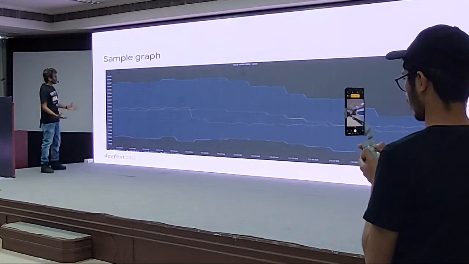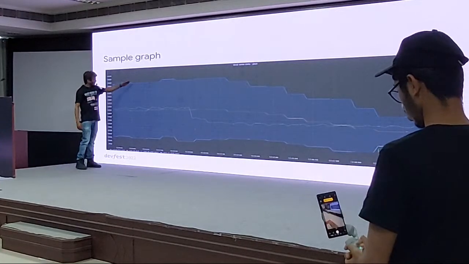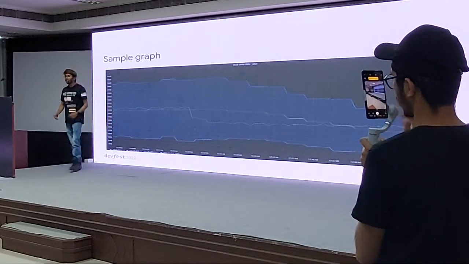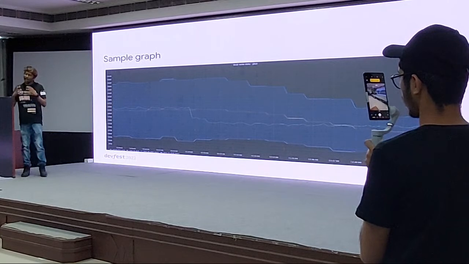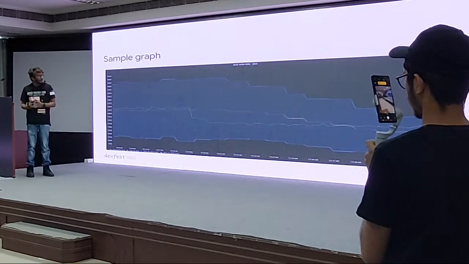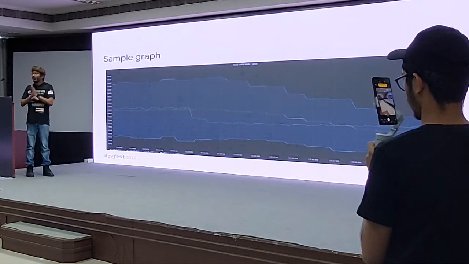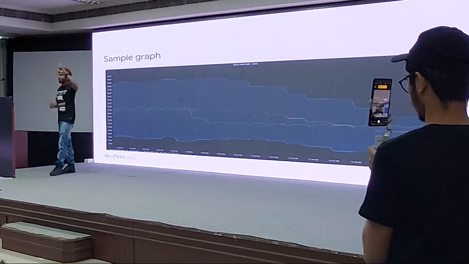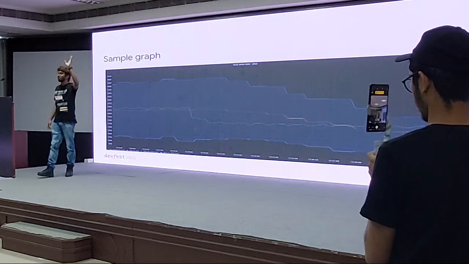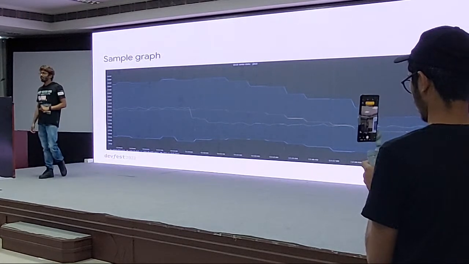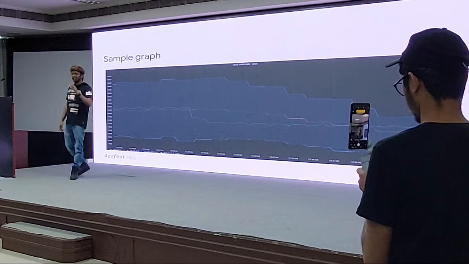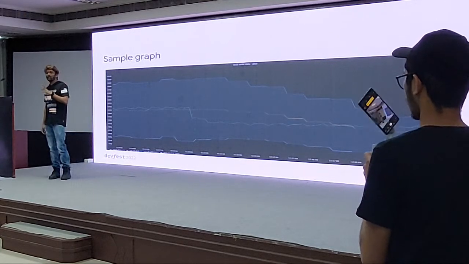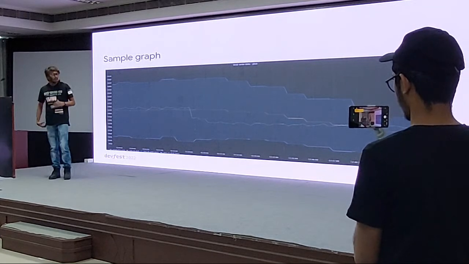Here, the green point is the actual data point, the yellow is the forecasted data point, and the blue area is the trend. How many of you are familiar with AI and forecasting concepts? Okay, so you may probably be familiar with forecasting and such use cases, right?